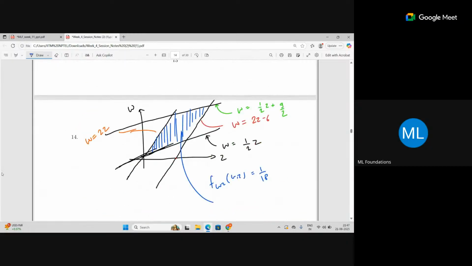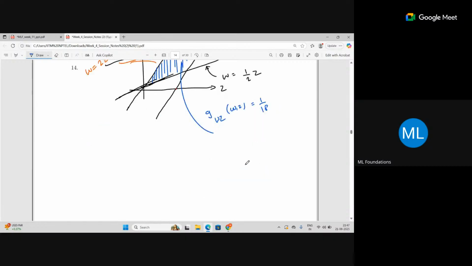Basically, okay, I wrote it as G, right? G of... I hope it is clear how to find out the support.